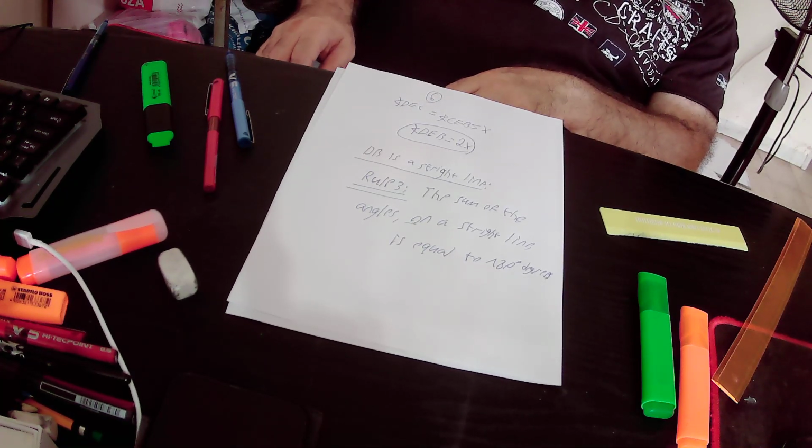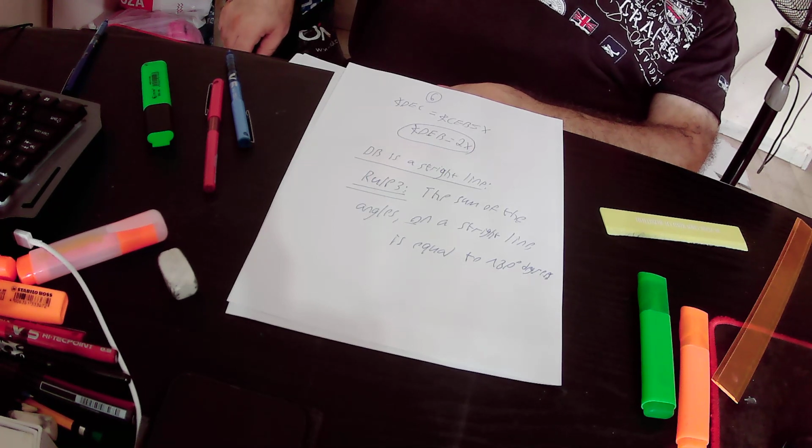Again, I will read rule number 3 again. Rule number 3 states that the sum of the angles on a straight line is equal to 180 degrees.